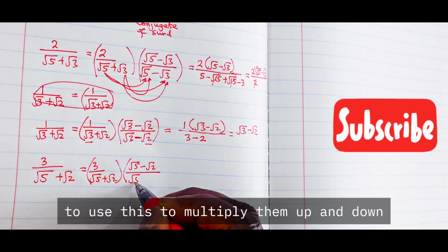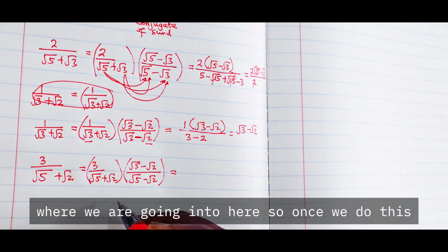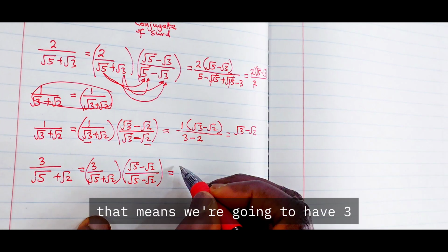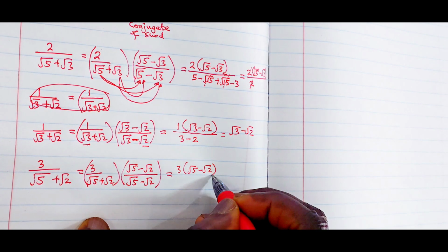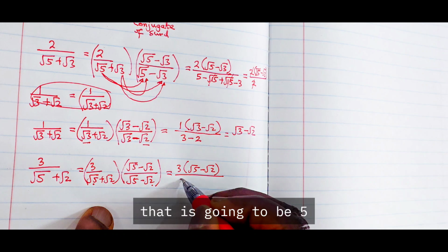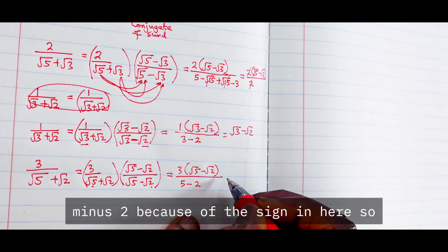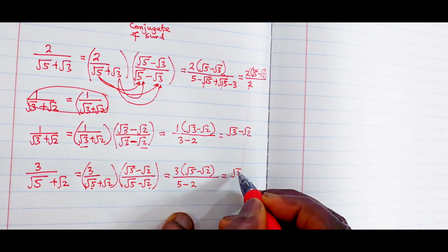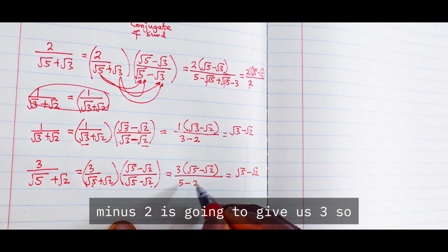We're going to use it to multiply them up and down. So we already know where we are going into here. So once we do this, that means we're going to have 3 into bracket root 5 minus root 2 divided by, we just pick this one and we pick the last one. So that is going to be 5 minus 2 because of the sign in here. So, and that is going to give us root 5 minus root 2, because this is going to give 5 minus 2 is going to give us 3.